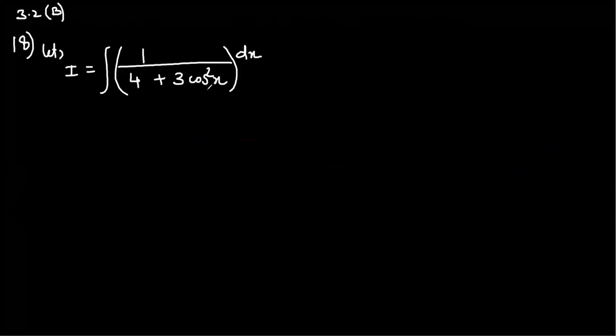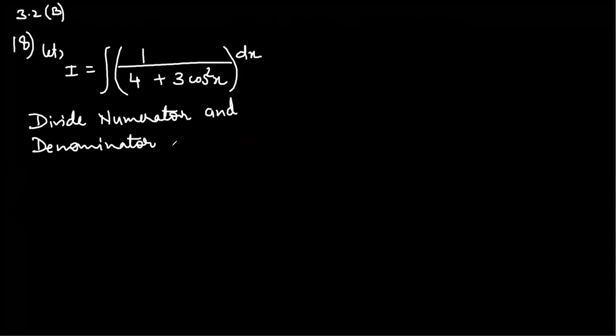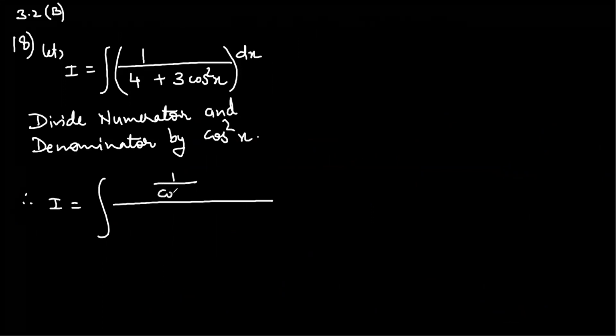So 1 upon 4 plus 3 cos square x. I will write here, divide numerator and denominator by cos square x. So I will get, therefore, I equals 1 upon cos square x dx, and here I have 4 plus 3 cos square x upon cos square x.